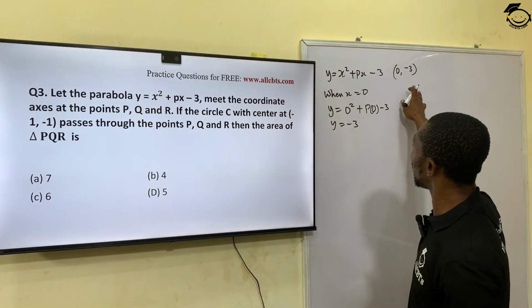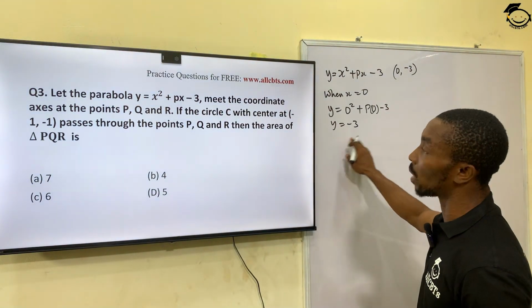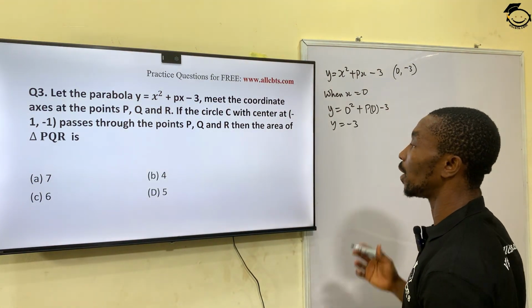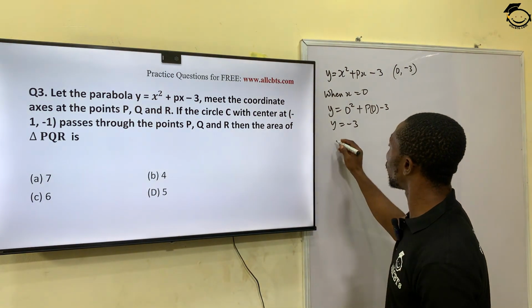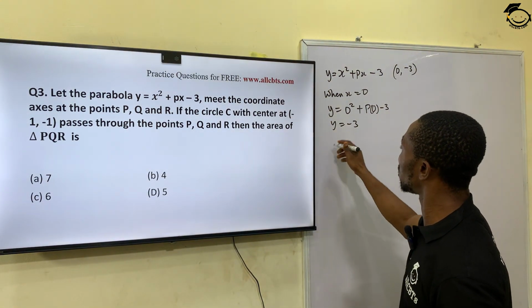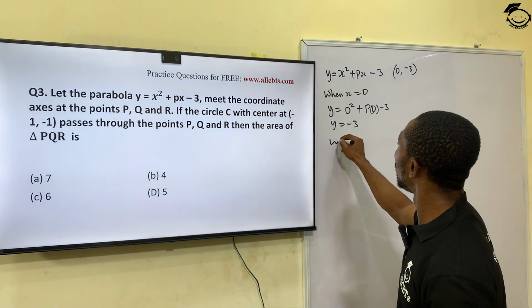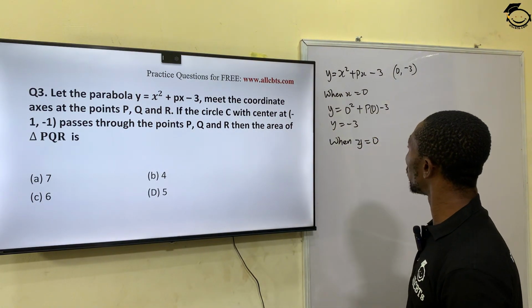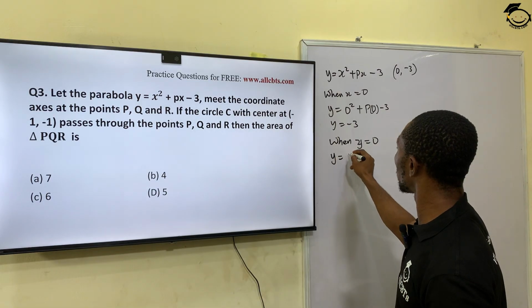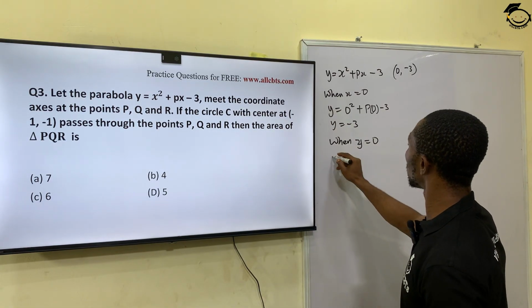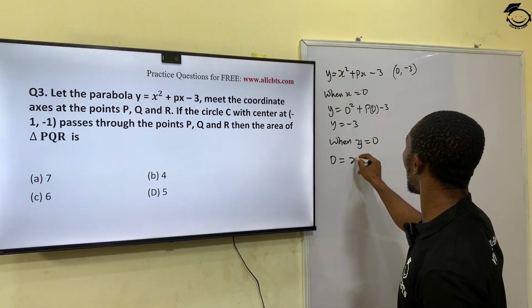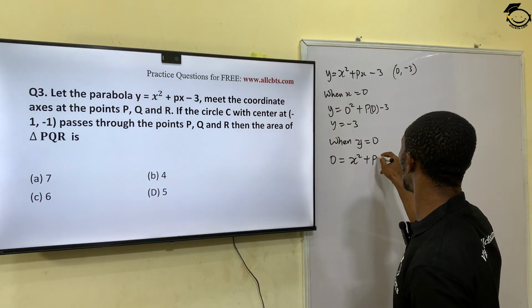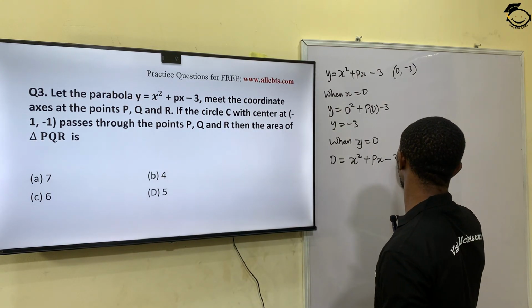And if point P is at the y-axis, that means Q and R are on the x-axis. So for us to calculate that of x-axis, we have to find when y equals 0. Now, if y equals 0, this becomes 0 equals x squared plus px minus 3.